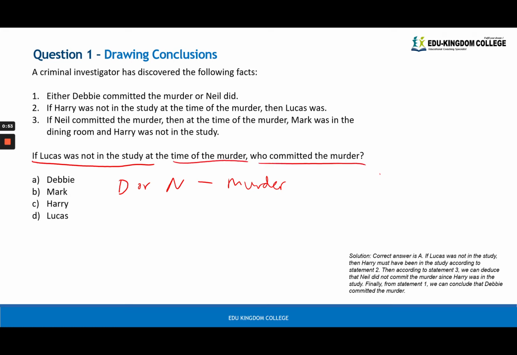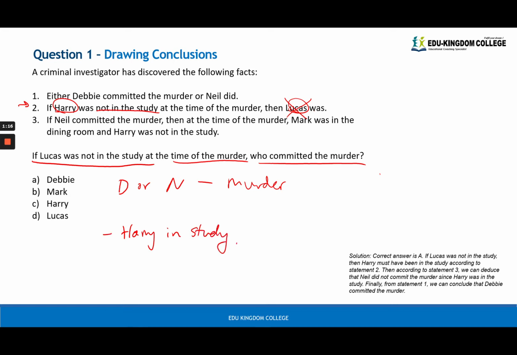Who committed the murder? Let's go through step by step. If you look at 2, if Harry was not in the study, then Luke was. Lucas is not in the study, so Harry must have been in the study. We know that.